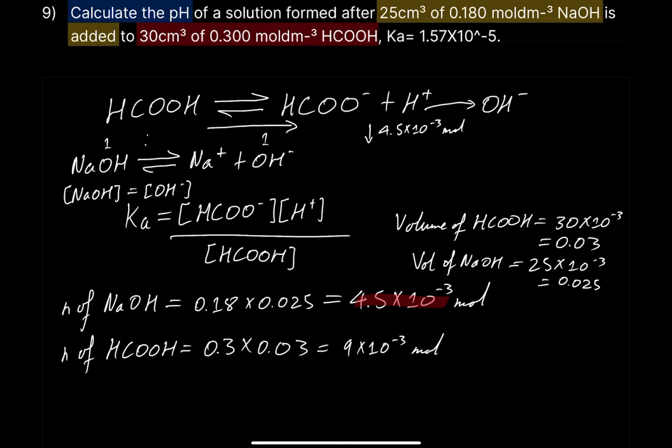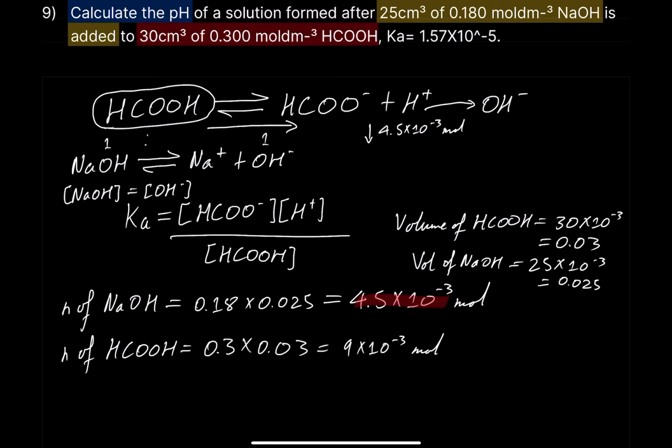In order to replenish this H plus, equilibrium needs to shift to the right, which means there's going to be more dissociation of methanoic acid, right?